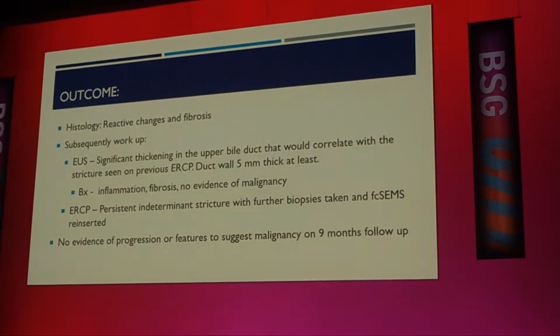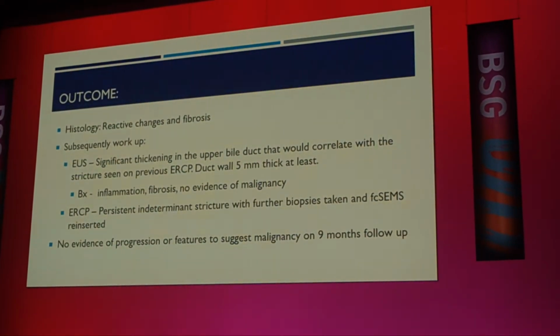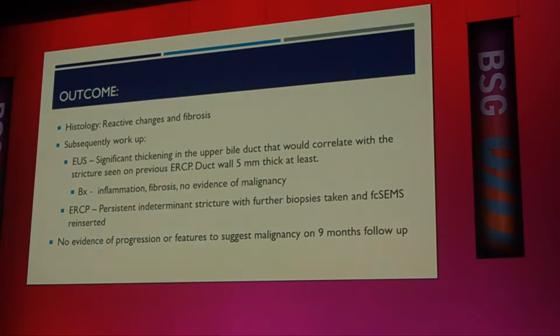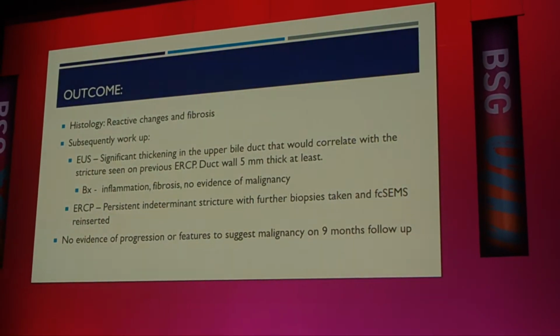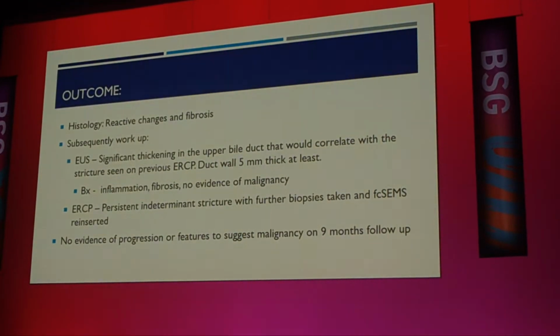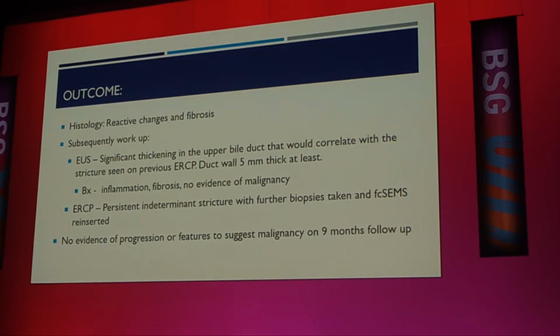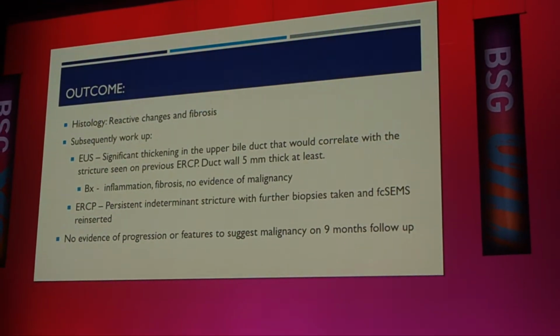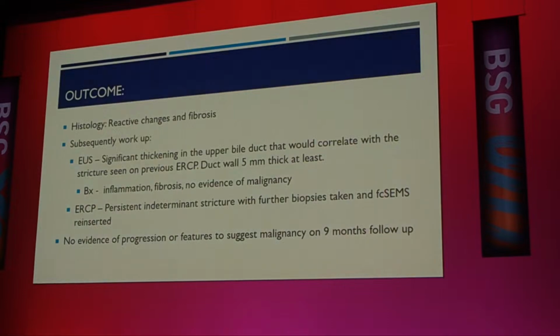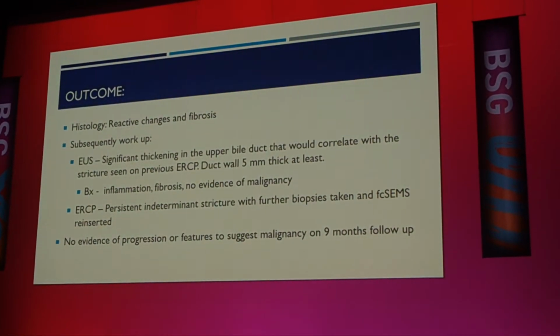So in terms of outcomes for our patient, the histology and the brush cytology both came back as reactive changes and fibrosis. Because this was an indeterminate stricture, he went on to have an endoscopic ultrasound, which showed thickening around the upper bile duct, which correlated with the area seen in the MRCP. And biopsies at the time again showed inflammation, fibrosis, but no evidence of malignancy.